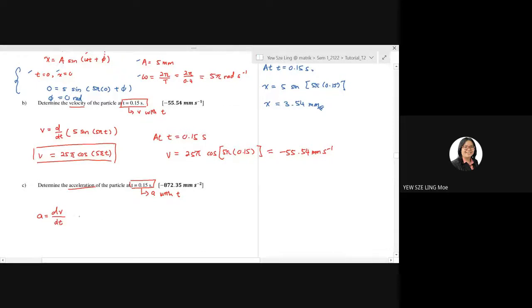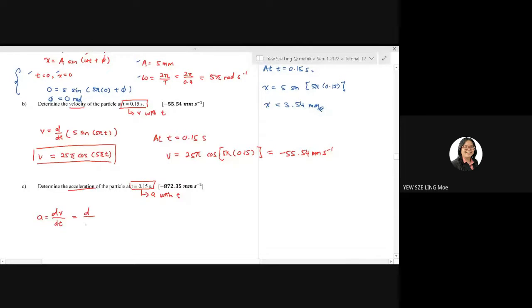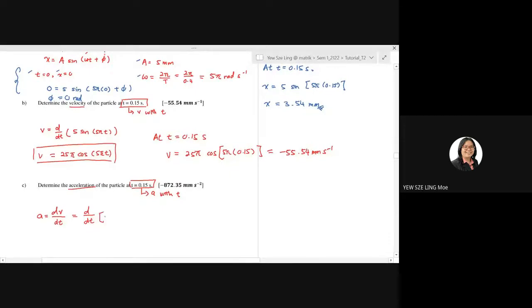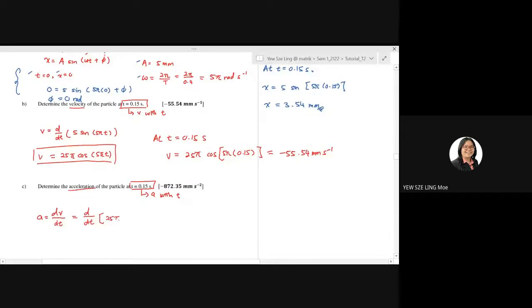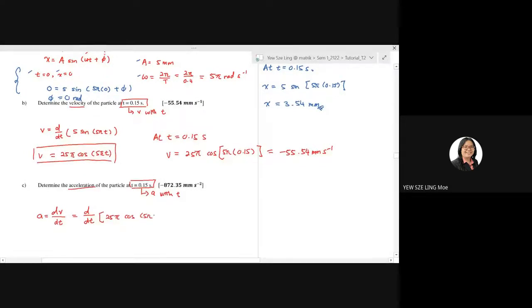Which means now you need to differentiate the equation for velocity. So A is then equal to d over dt of 25 pi cos 5 pi t.